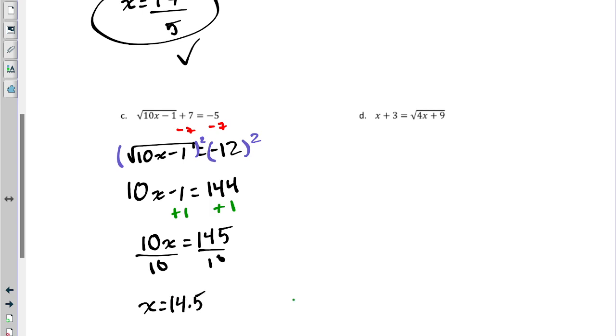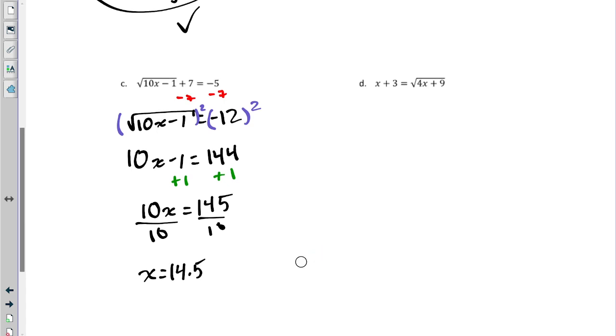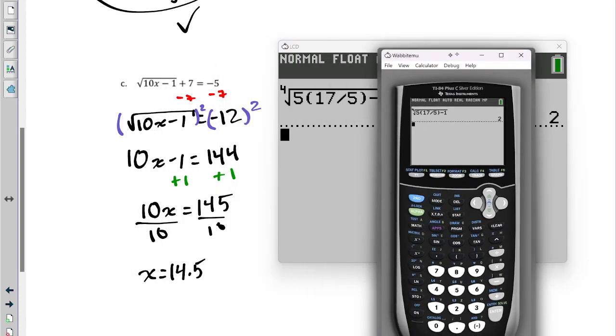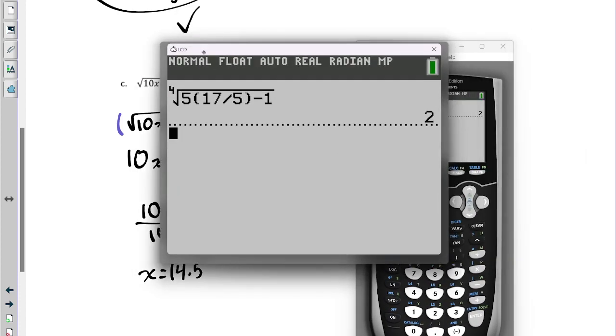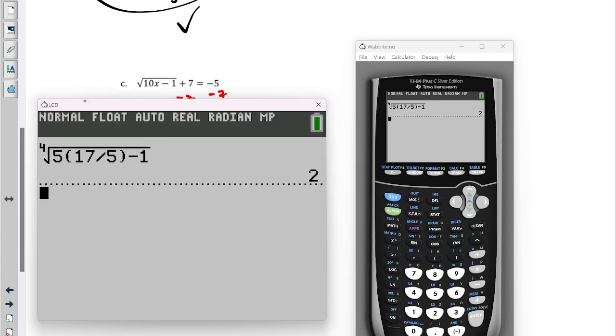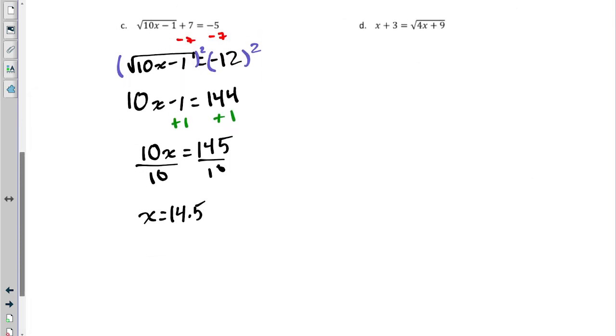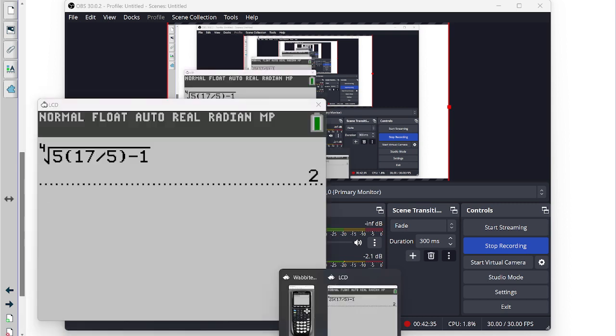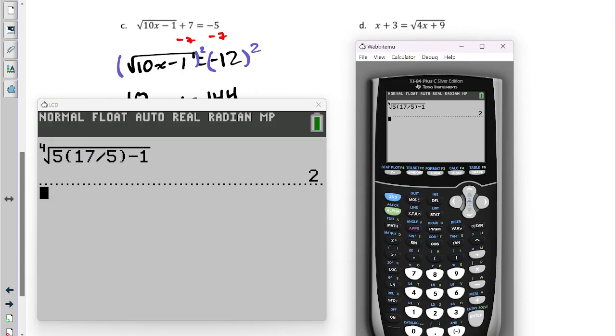Okay, let's check it and see if we got it right. This one feels a little bit wrong. I'm going to go back to my calculator and type in my original equation, but now I know x equals 14.5.